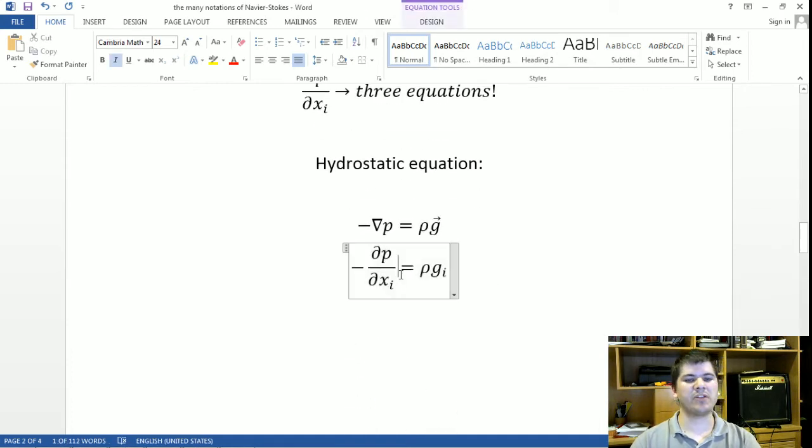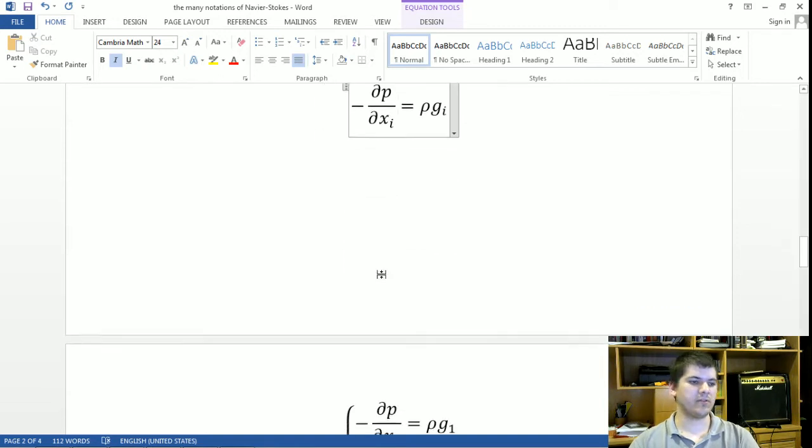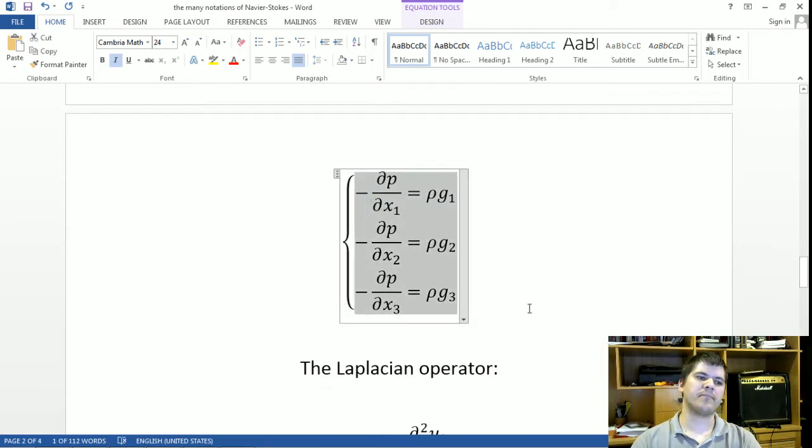So these are actually three equations in the x, y, and z direction, or in the 1, 2, 3 base vectors of the vector field for Cartesian coordinates. So here they are, these three equations.